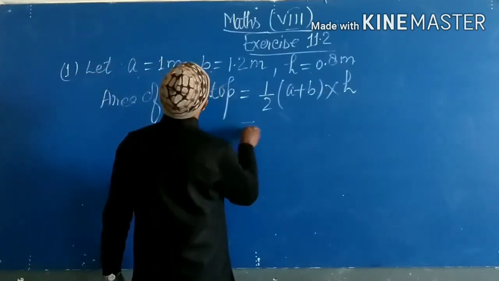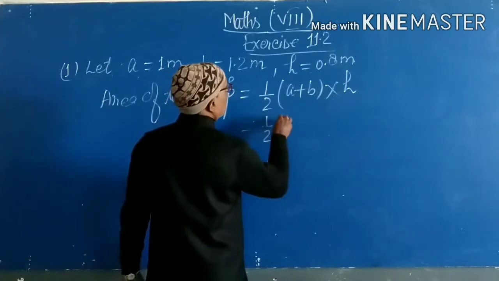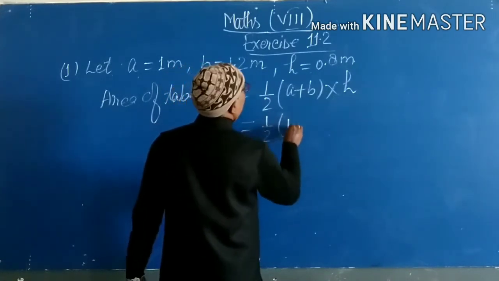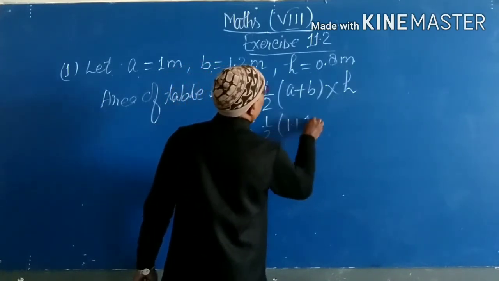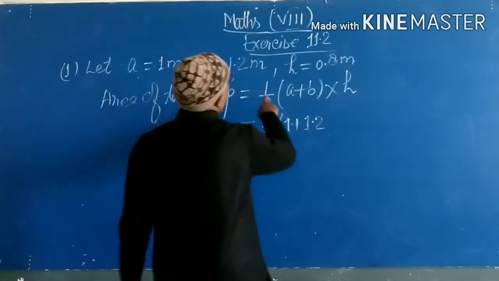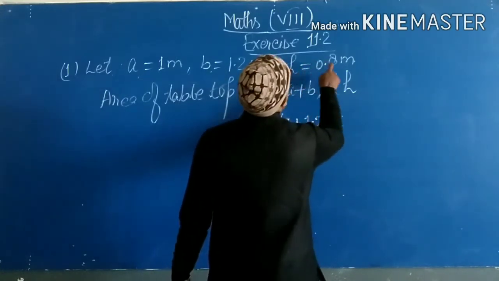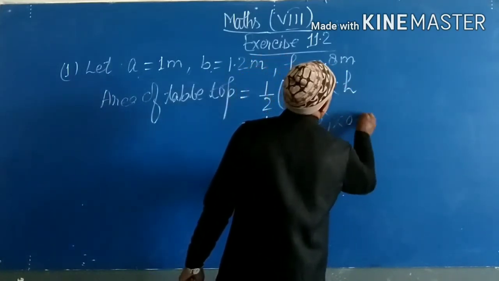Then you write down the given values: 1 upon 2 in the bracket 1 plus 1.2, A is 1 meter and B is 1.2 meter and height is 0.8 meter.